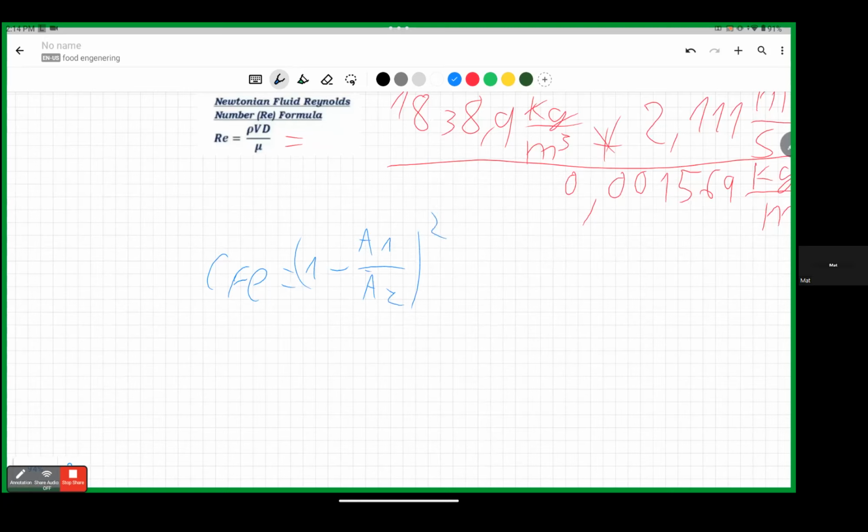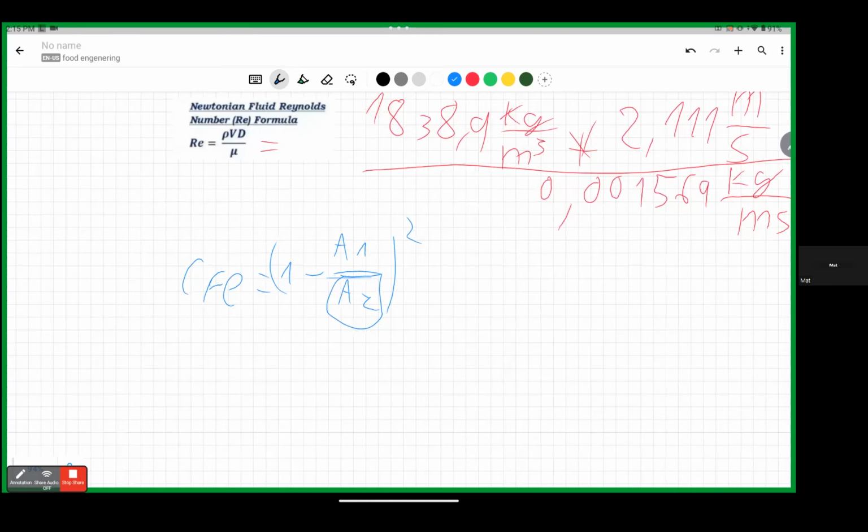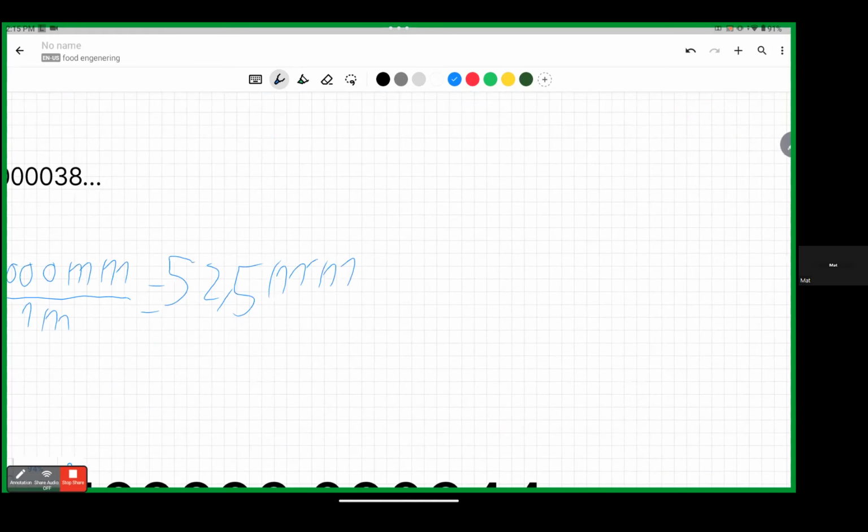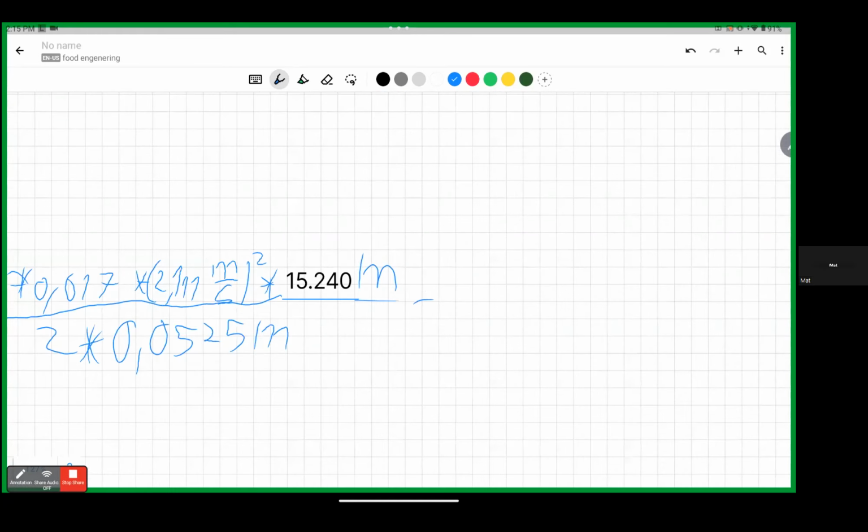But if the area of exit is much bigger than A1, the final answer will tend to be small and tend to 0. In that case, the coefficient will be 1, because 0 plus 1 is 1. So the coefficient will be 1. Just put the 1 here.